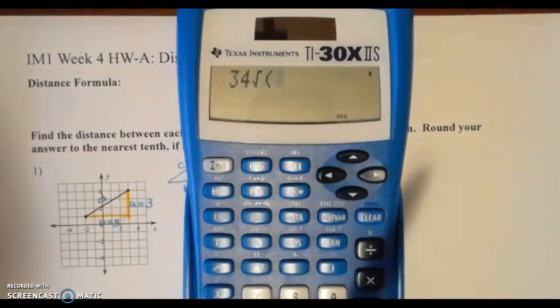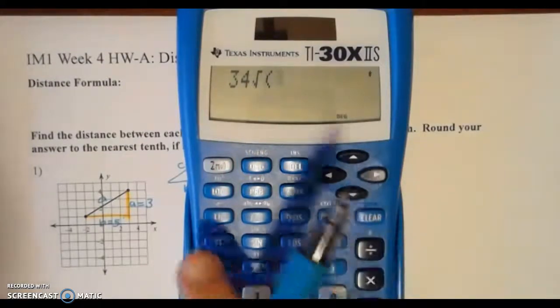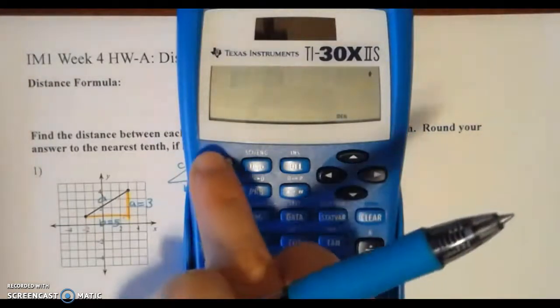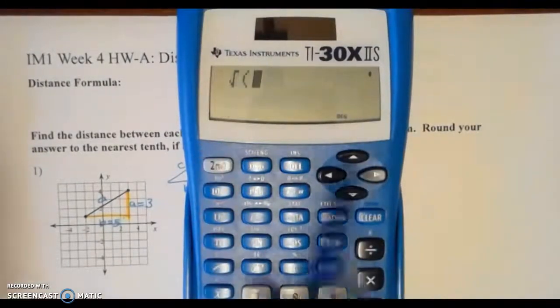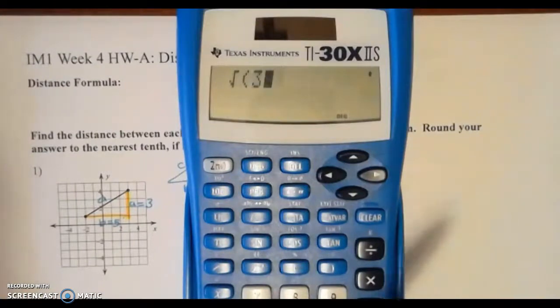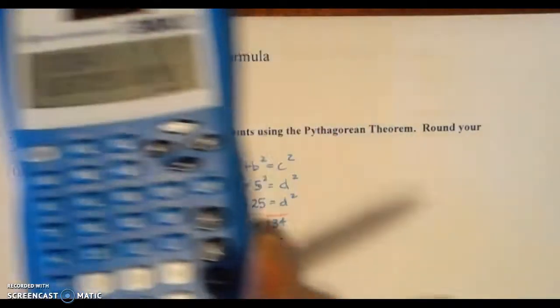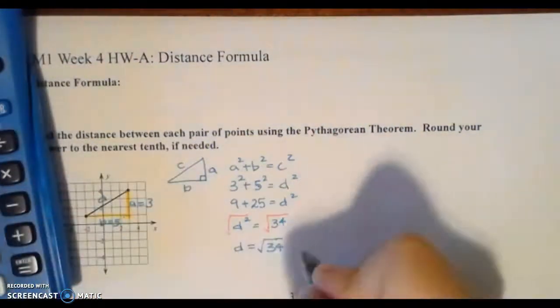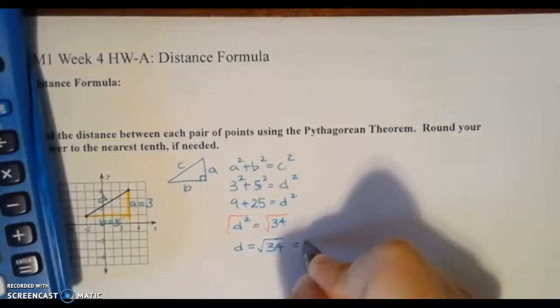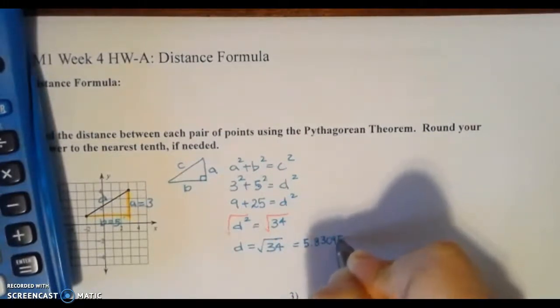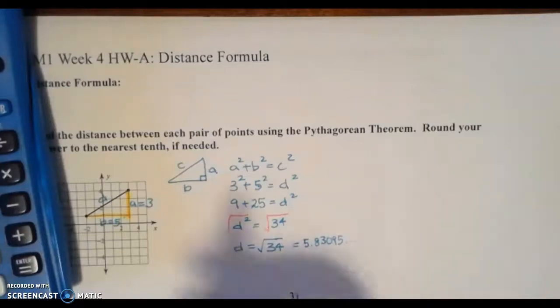So on this calculator, I need to do the function first. I'm going to clear and do second square root, then 34, and then enter, and I get 5.83095, and so on. So I will write that down, 5.83095.